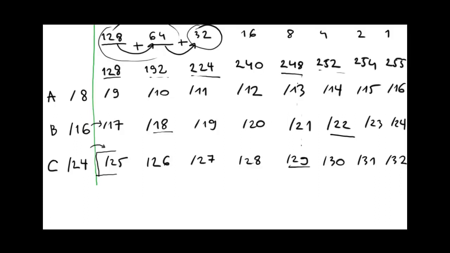We can work this out in the other direction too. For example, if you were given a subnet mask 255.255.224.0, how do you know where to read the values from? This number appears in the third octet.